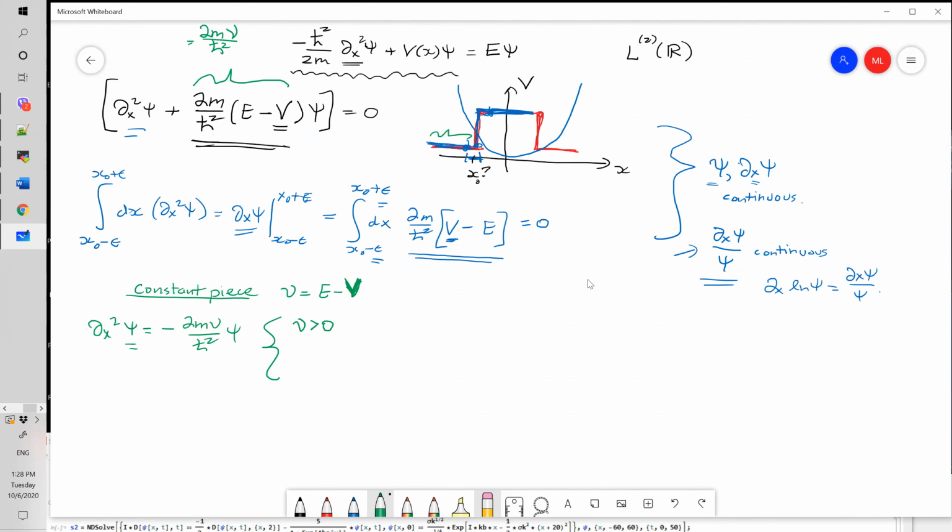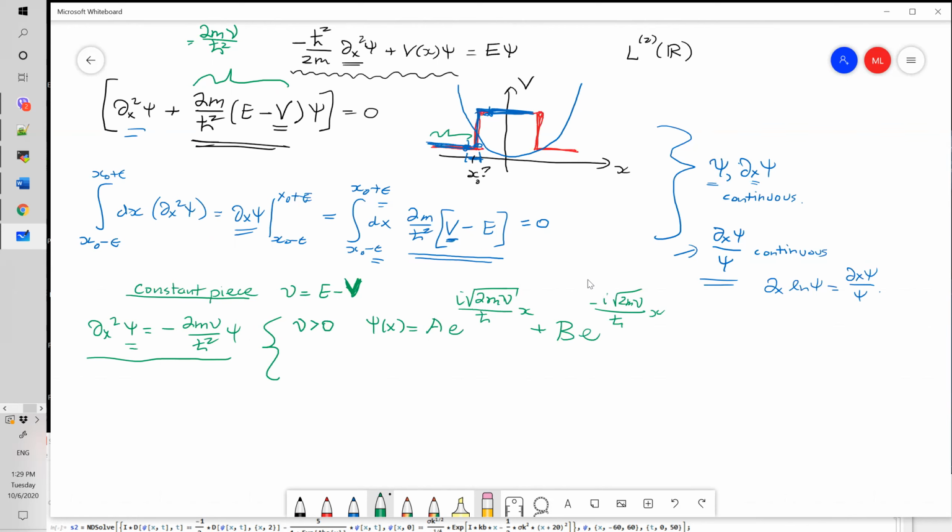You get oscillations in the wave function. You get two solutions here: A e to the i square root of 2m nu over h bar x, and then you get the other solution. Two derivatives, so there's two unknowns in the solution. And how can we think about these solutions? Well, this is telling us that there's just some constant kinetic energy, right?